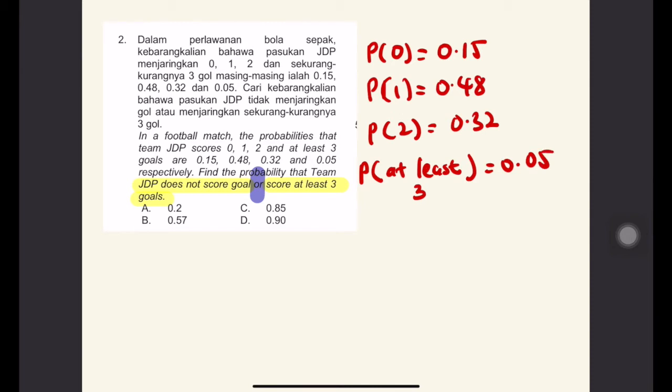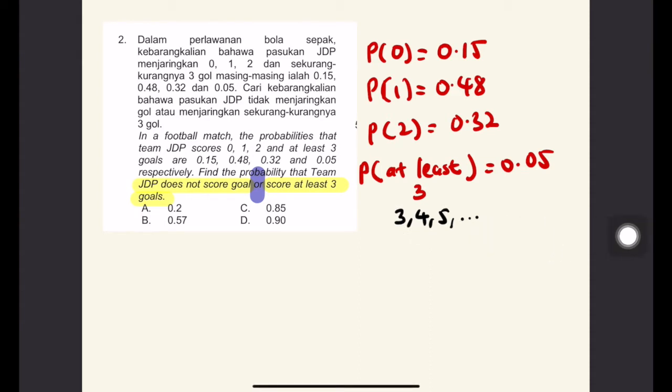What does probability of at least 3 mean? It means at least 3 goals, maybe 3, 4, 5 and so on. So it must be 3 or more.